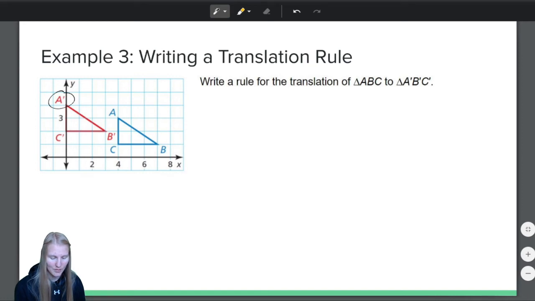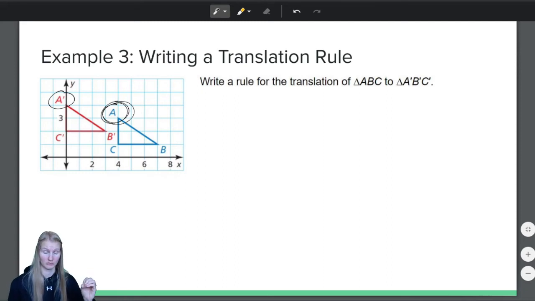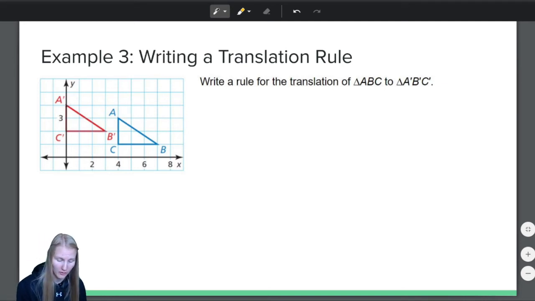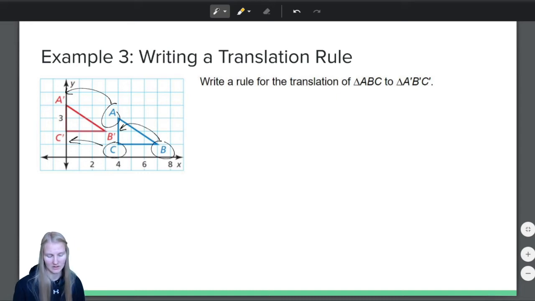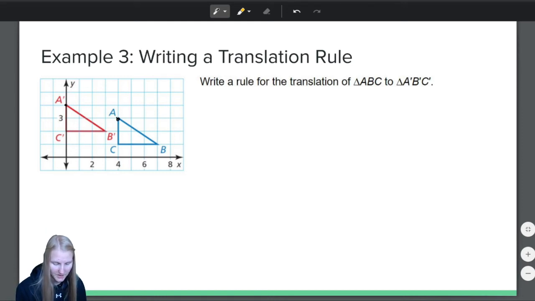Let's look at A prime and A. If I move from A, remember, A is the original. The blue one, or A without the prime, is the original. So we're going to go from A to A prime, from B to B prime, and from C to C prime. So if I start at A and I want to get to A prime, I have to go left 1, 2, 3, 4.